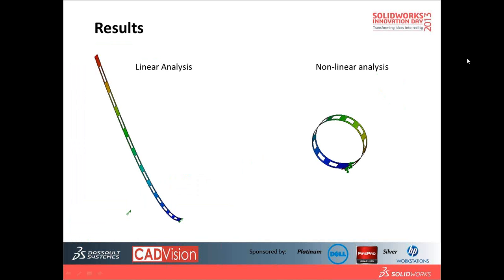In linear analysis, you see the strip goes to the top side, whereas in nonlinear analysis, you see it deform as we expected. On a side note, these are all true scale, which means that on linear analysis, the deformation scale is 1.